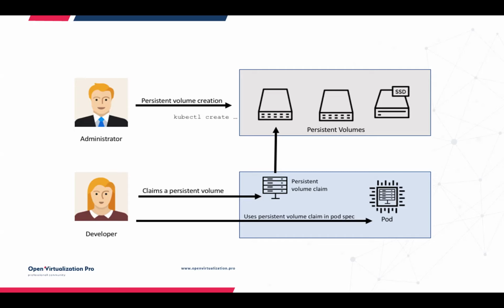This is essentially a request for storage by a user or developer that can then be used to store data for pods, applications, things like that. A persistent volume claim describes the amount and characteristics of the storage that's required, and then it goes out and finds a persistent volume that matches that criteria. It claims that persistent volume, and it binds to that.